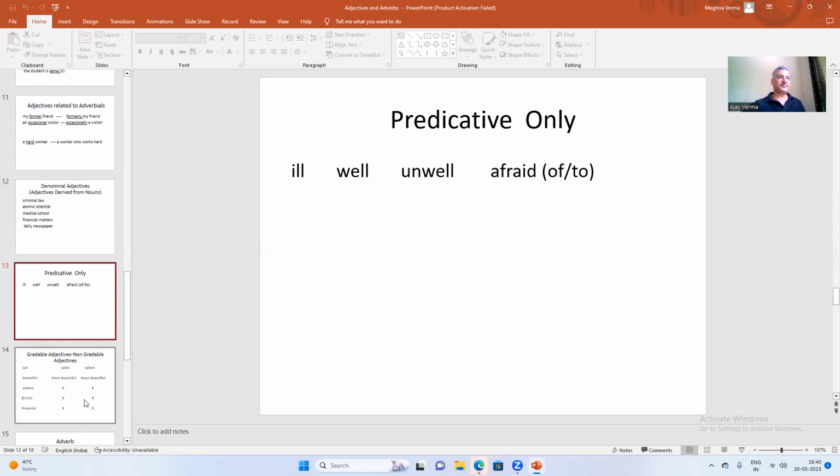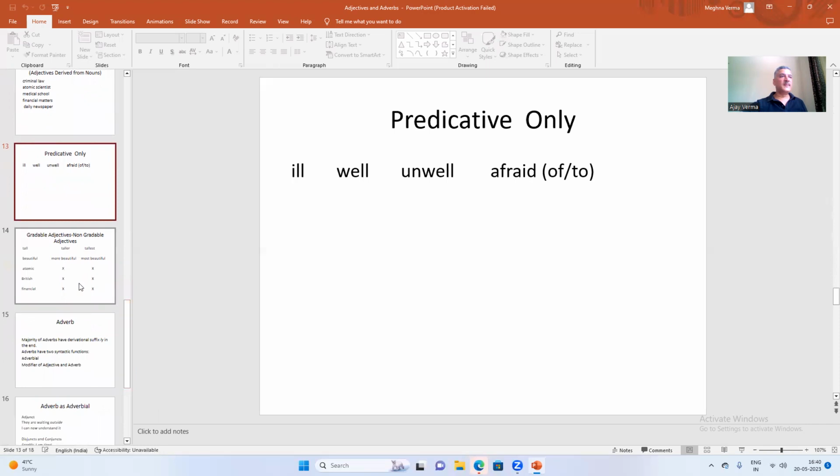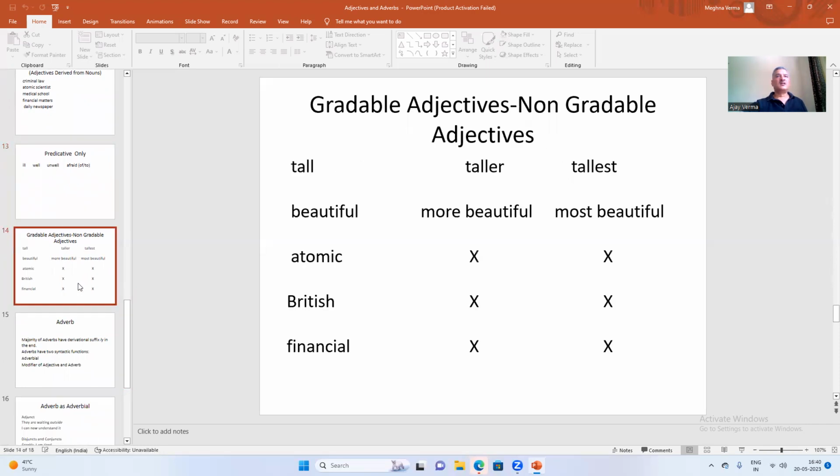Now let us look at the next slide. We can also classify the adjectives on the basis of gradability. I said in the beginning of this lecture that most of the adjectives are gradable.